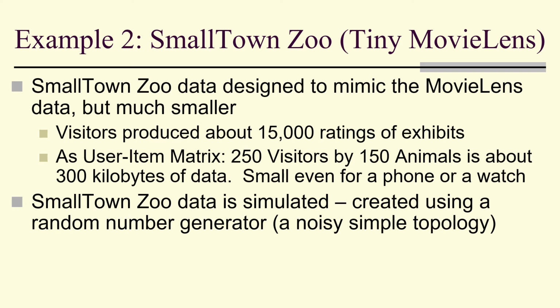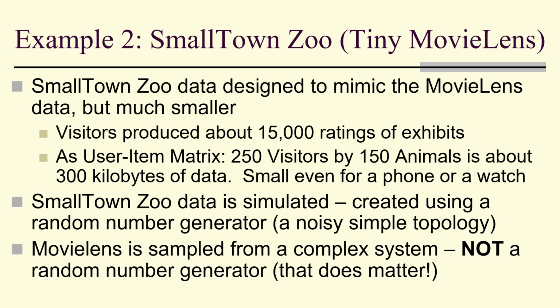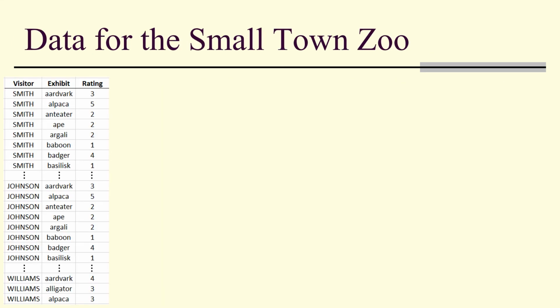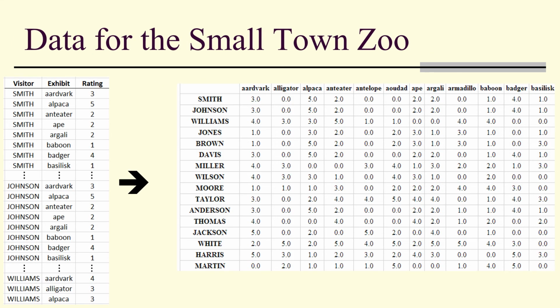However, the small town data is simulated. It's a random number generator, and the data itself has a rather simple topology, so this is a noisy, simple topology. However, the MovieLens data is sampled from a complex system, not a random number generator, and that does make a big difference. So here's the actual data, and here it is as the matrix.